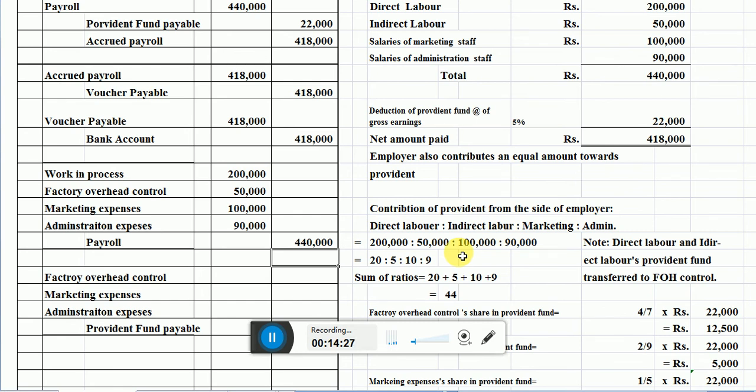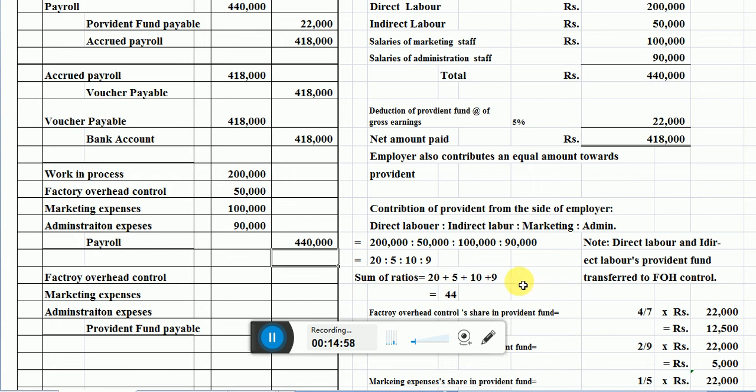Now we distribute the provident fund which is contributed by the employer for his employees, like direct labor, indirect labor, marketing and admin expenses, in the form of ratio: 2 lakh, 50,000, 1 lakh, 90,000 rupees here. The simplification of this figure is 20 ratio 5 ratio 10 ratio 9.